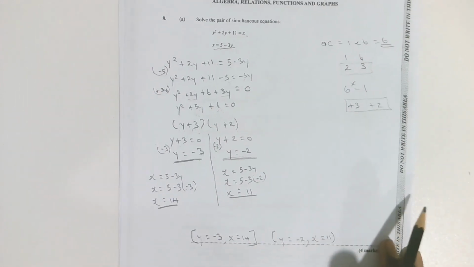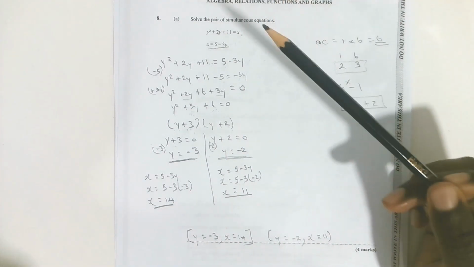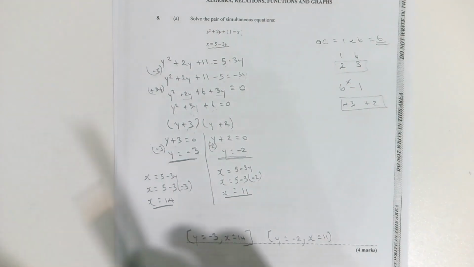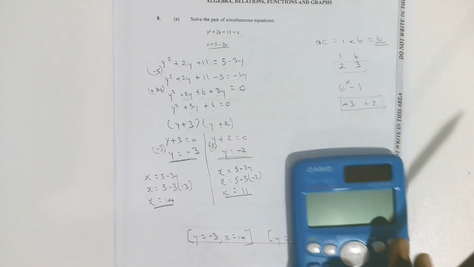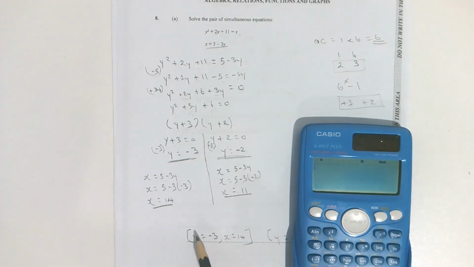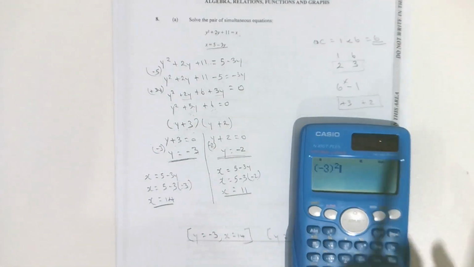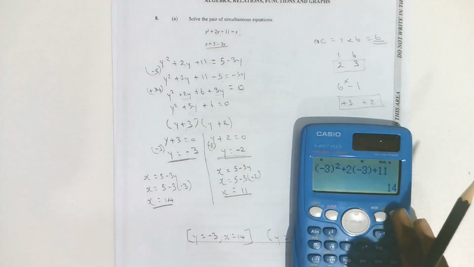And we can check if our answer is correct by substituting these values into our equations here, our first equation. So let's just test that out quickly. Using our first equation, if we use y as negative 3, so negative 3 squared plus 2 times y, which is negative 3, plus 11, we should have our x value, which is 14.